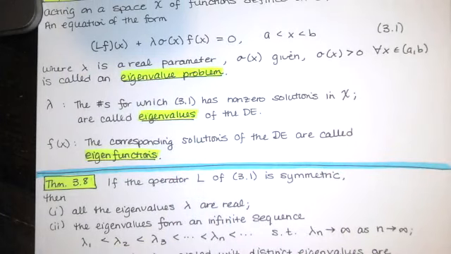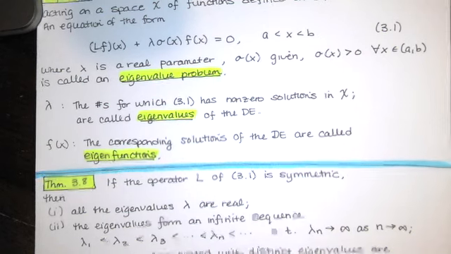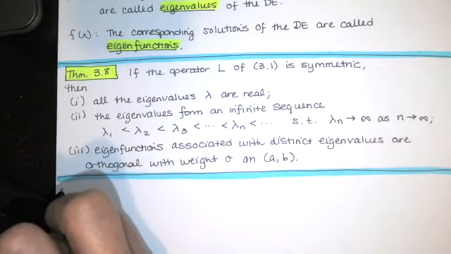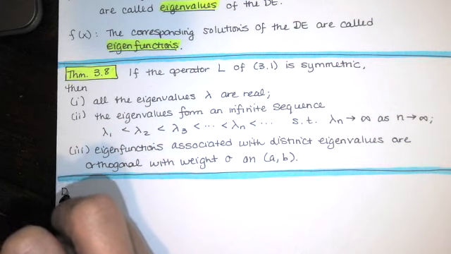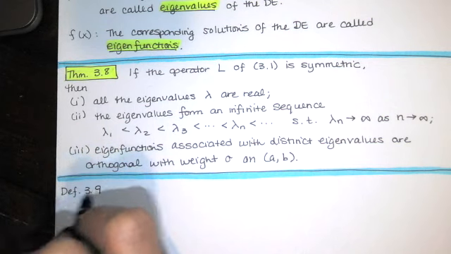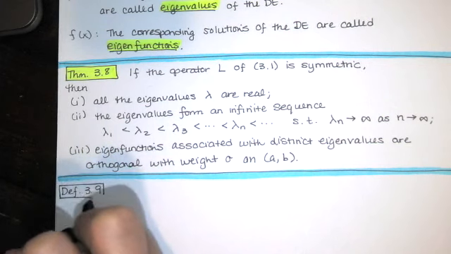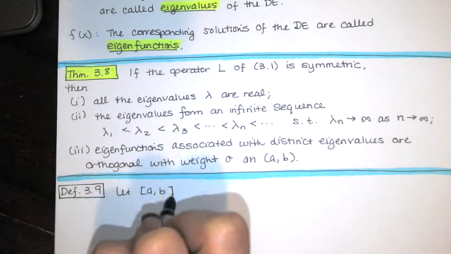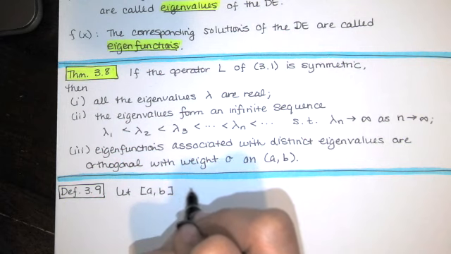Now let's look at Sturm-Liouville problems. I've not quite gotten there yet, but we're almost there. So here's another definition. We want to let the interval from A to B be a finite interval.